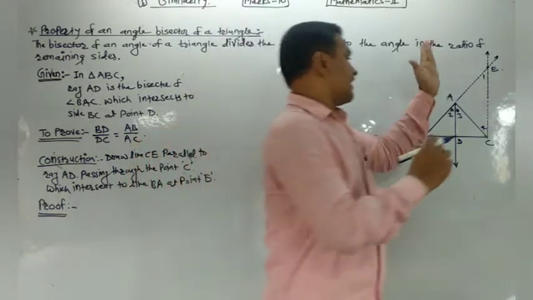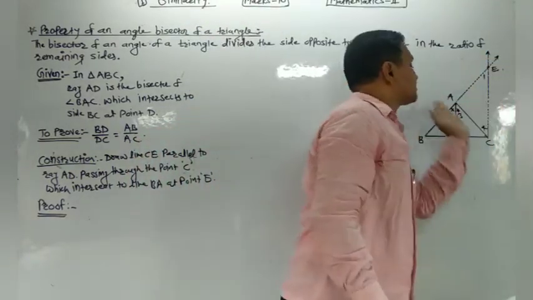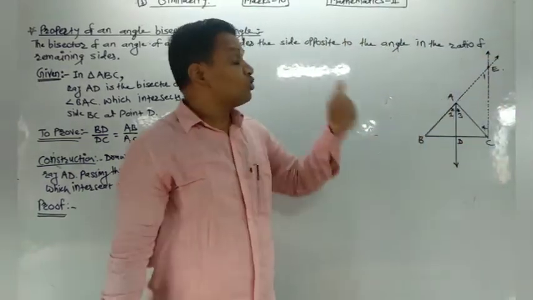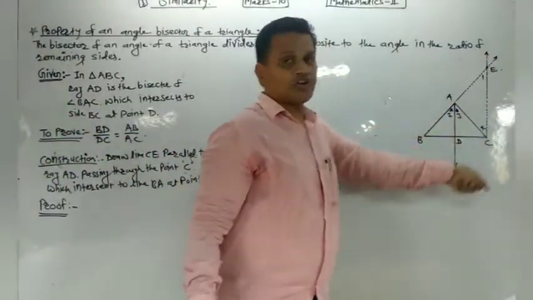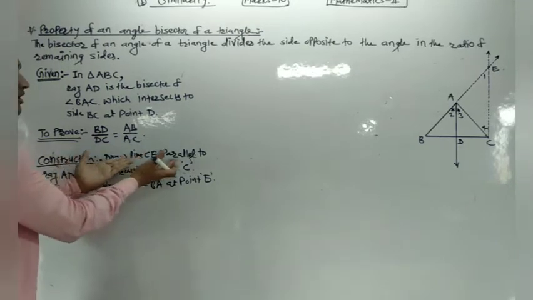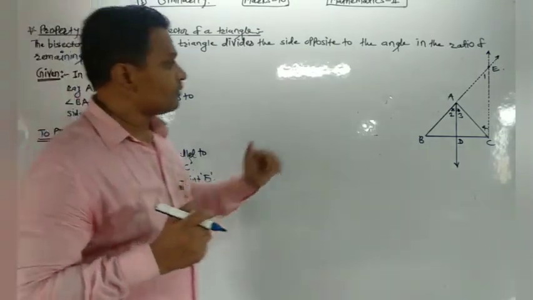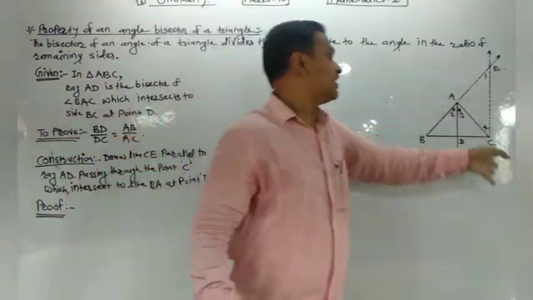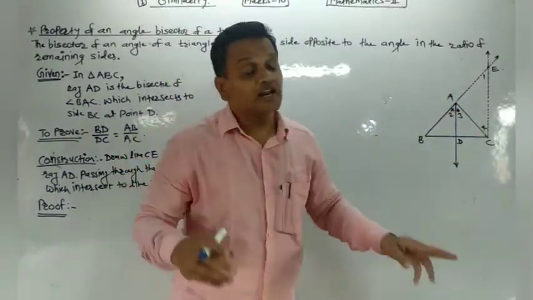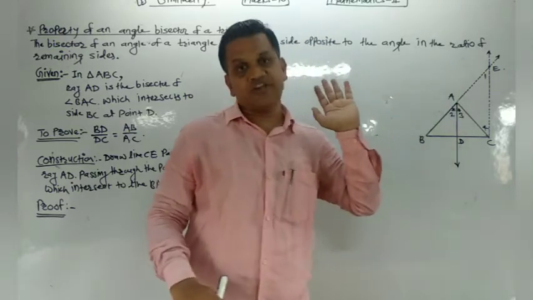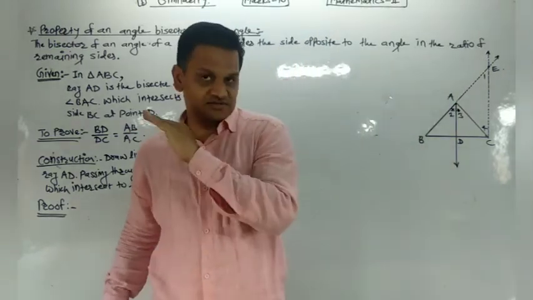Line AD is parallel to EC and AC is their transversal. This is in the construction, where we have written line EC is parallel to AD. Then angle 3 is congruent to angle 4 because they are alternate angles.